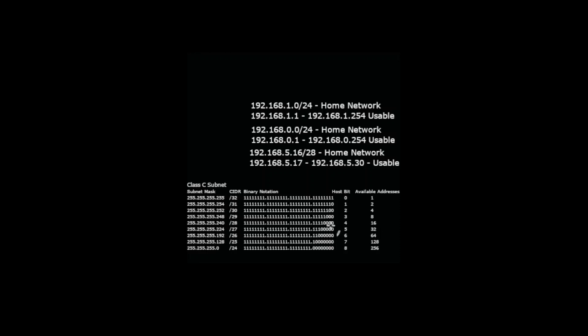There are 1, 2, 3, 4 zeros there, and that is what we end up with: 16. If we look up here, we have a range from 17 to 30 usable. And 31 is our broadcast address. 16 is our network address. That is a basic breakdown in the most basic form of subnet masks.